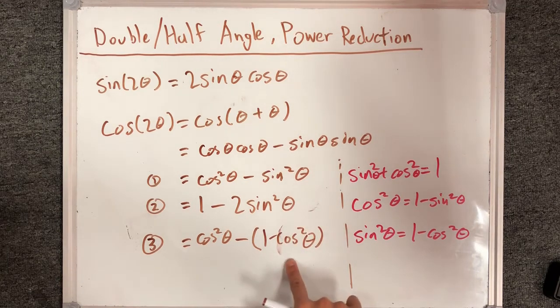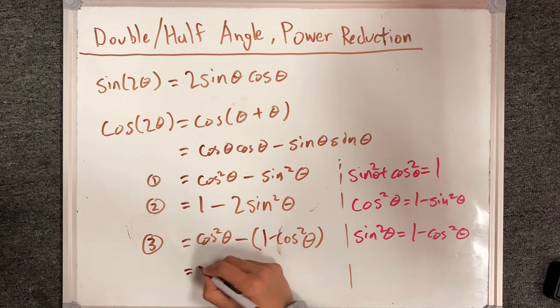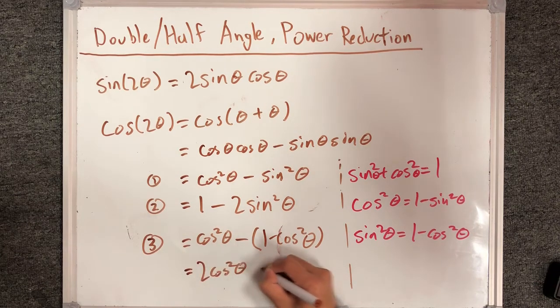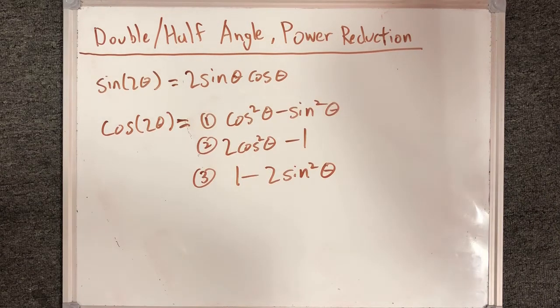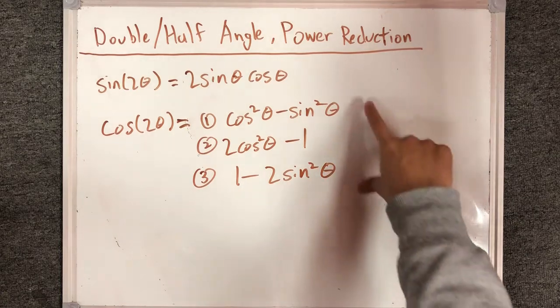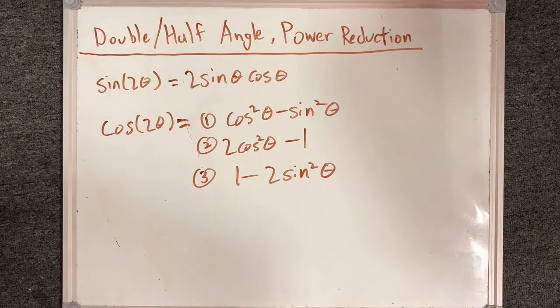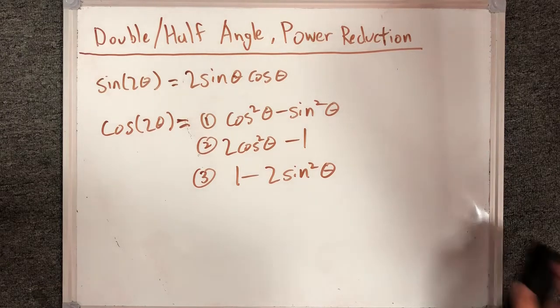Cosine squared minus negative cosine squared, this is 2 cosine squared theta minus 1. And here are our double angle formulas for cosine, these 3 forms. You must know all of them, so get familiar with all 3 of these forms.